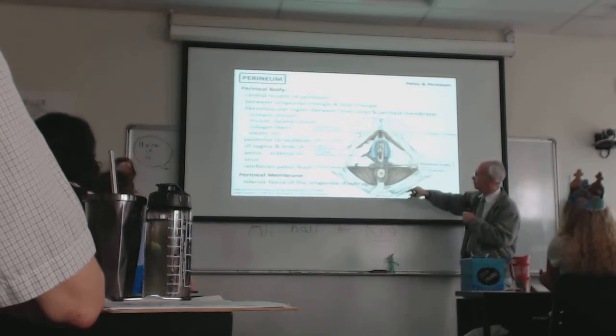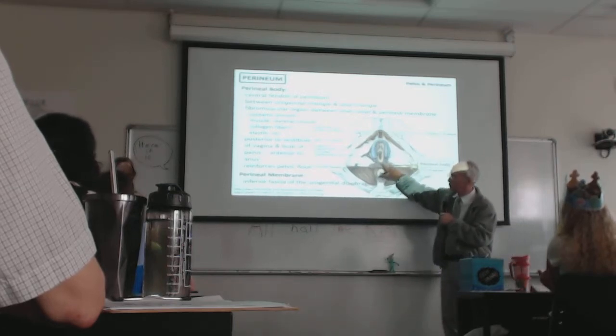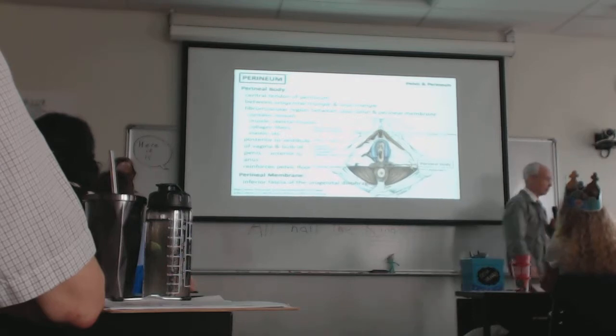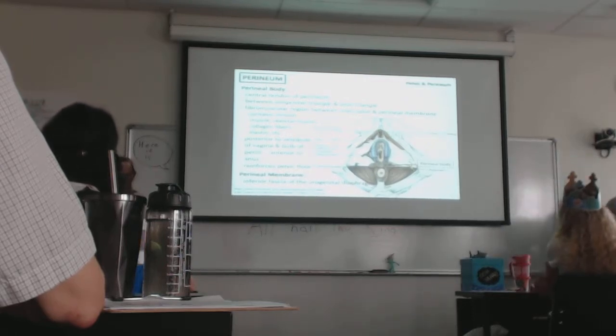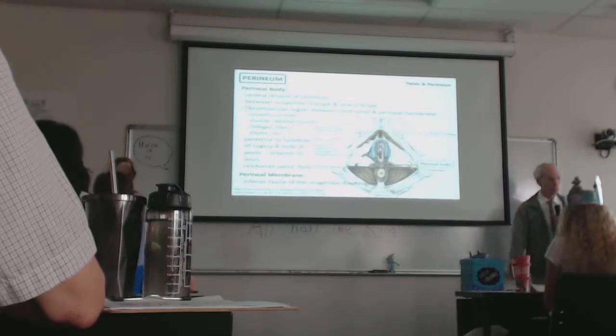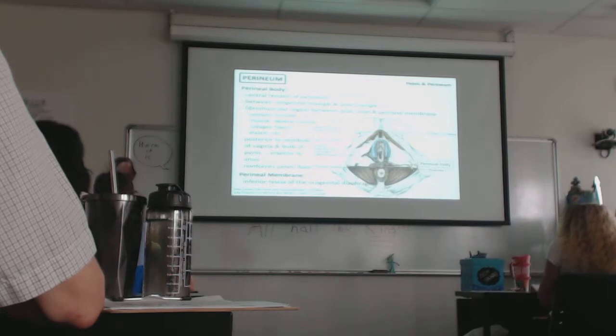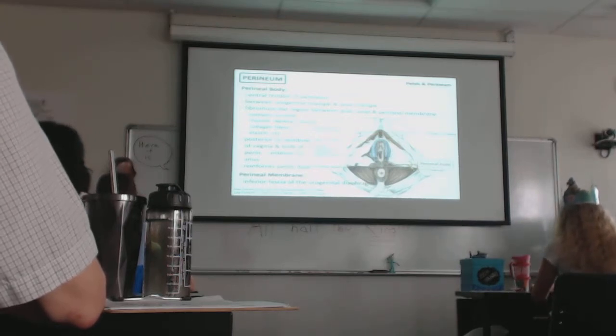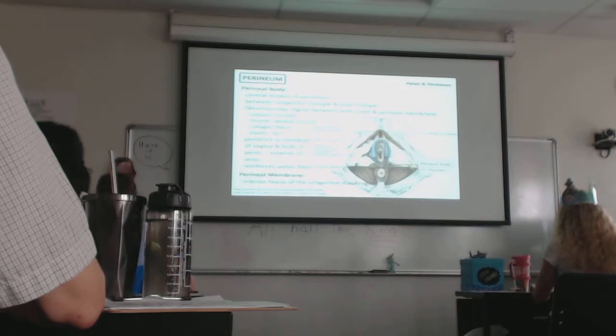We'll come back to that in a moment. But this is a very, very critical structure here, just anterior to the anus. And one of the curious things about it, it is a densely fibrous tissue that contains both skeletal and smooth muscle. But once again, extremely important for the integrity of this region.